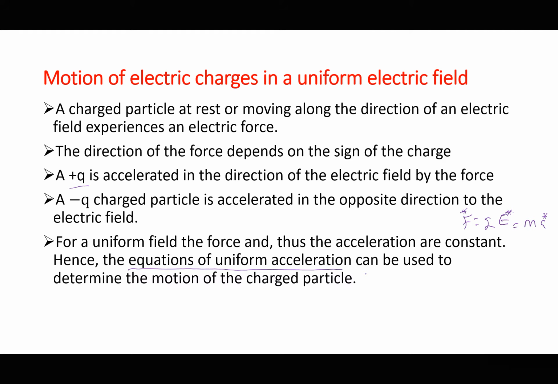These include V equals U plus AT, V squared equals U squared plus 2AS, and S equals UT plus a half AT squared. We saw these equations in AS, and since the acceleration is constant in a uniform field, we shall also employ them. Let us see.